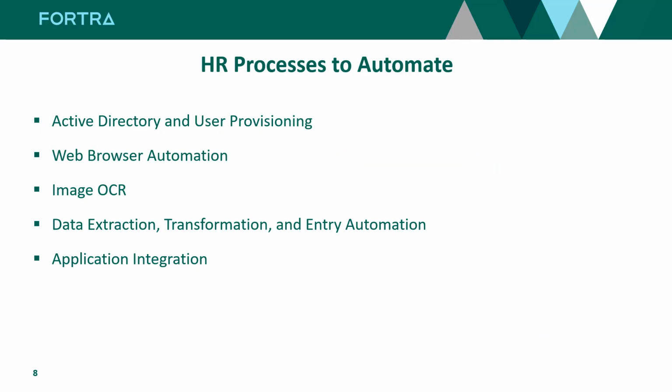So here we see some of the most common HR processes to automate. Not an all-encompassing list, but just some common ones that we typically see. As we discussed in the previous slide, Active Directory and user provisioning, right? So in most organizations, this aspect of the HR process, particularly, would benefit from some level of automation.